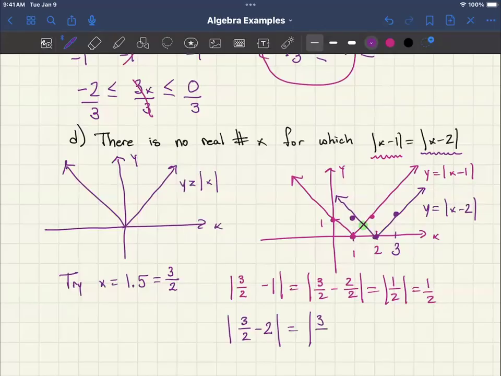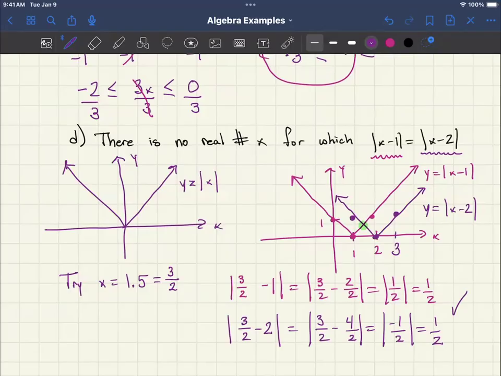So that is going to be 3/2 minus, and 2 can be rewritten as 4/2. So we're going to get absolute value of a negative 1/2, which is going to be a positive half. So these two things are going to actually meet at 3/2. That is where they're going to work.